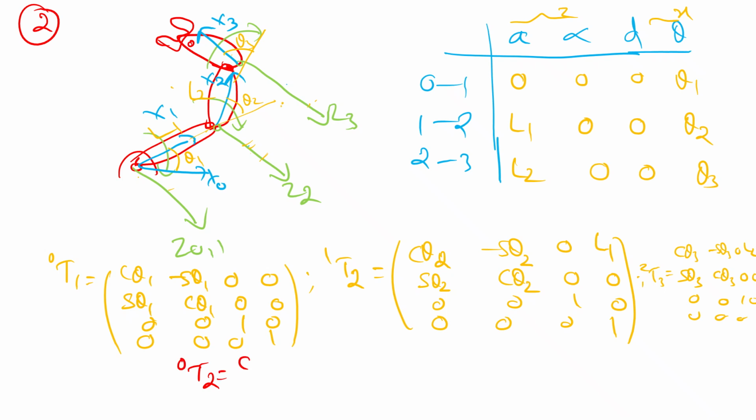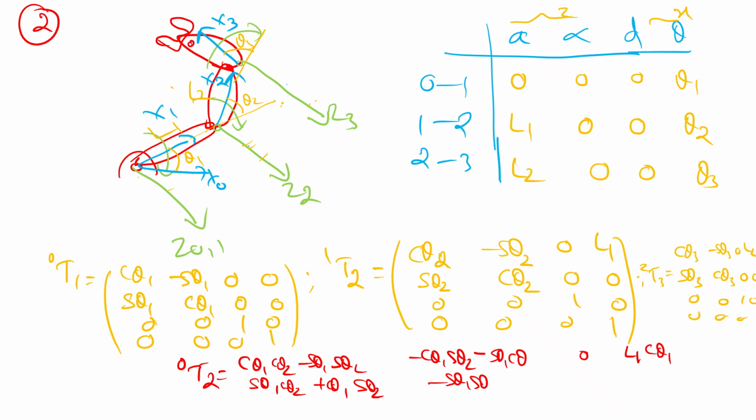So when you multiply, the first entry is cos θ1 cos θ2 minus sin θ1 sin θ2. Then the next is minus cos θ1 sin θ2 minus sin θ1 cos θ2. Then this one is 0, then it is L1 cos θ1. The next row is sin θ1 cos θ2 plus cos θ1 sin θ2, then minus sin θ1 sin θ2 plus cos θ1 cos θ2, then 0, and L1 sin θ1.